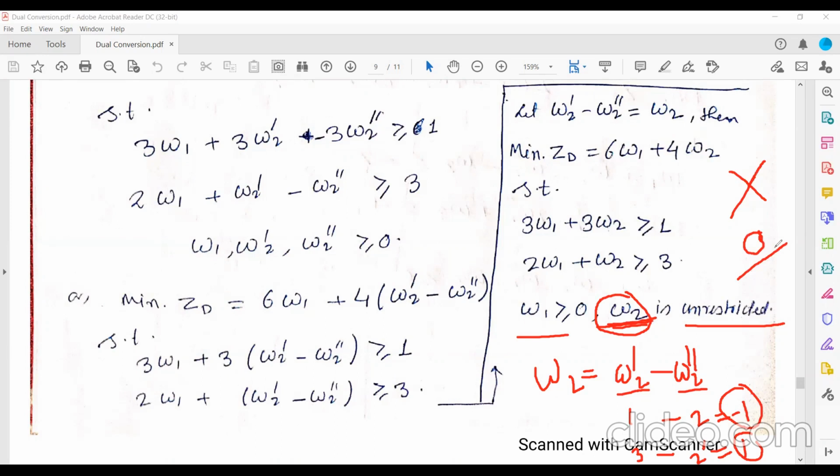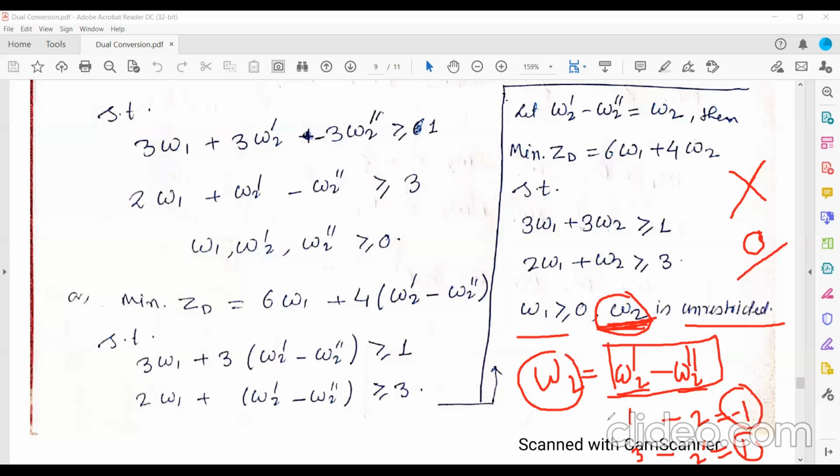So keep in your mind, whenever an equality sign is there in a constraint in the primal, then in the conversion of this primal to its dual, some unrestricted variable should be there. And why it is unrestricted, I have already explained. This W2 is equal to the difference of two positive numbers, and the difference of two positive numbers cannot always be positive.